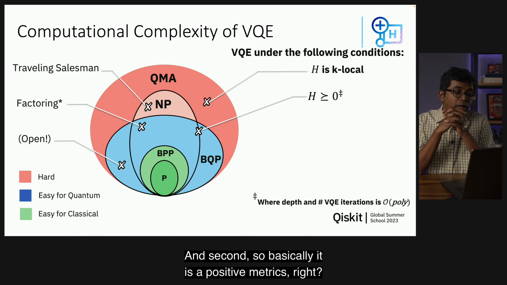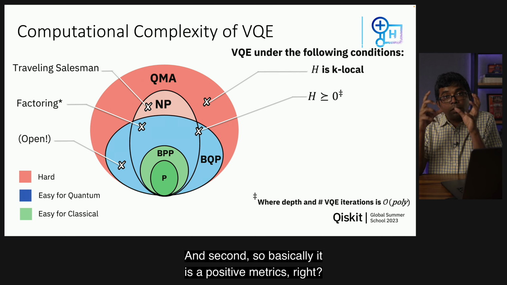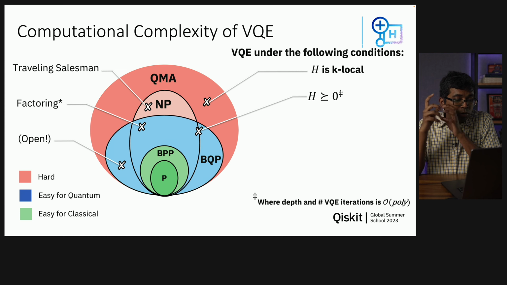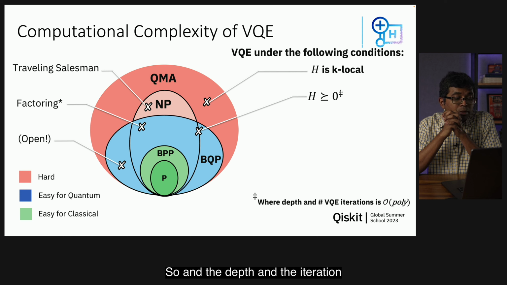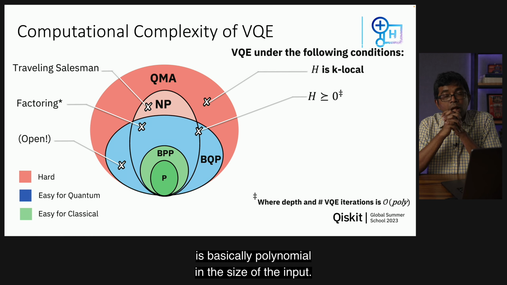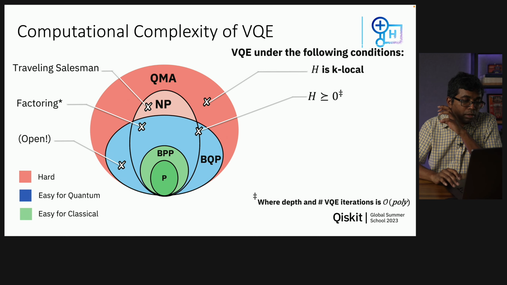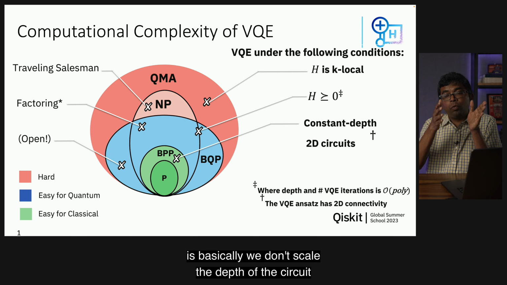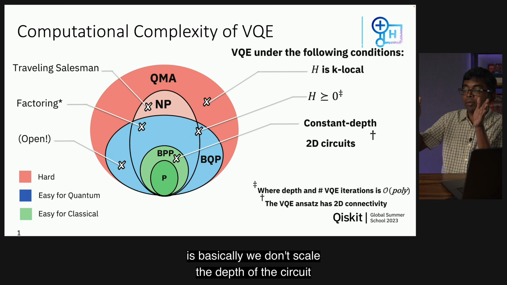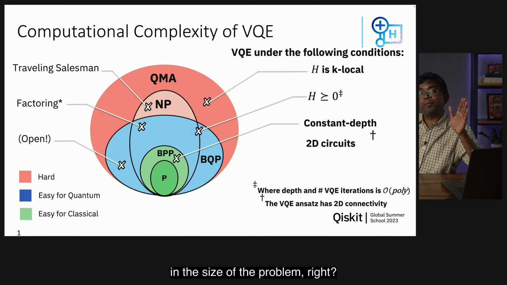And second, basically it's a positive matrix, right? And the depth and the iteration is basically polynomial in the size of the input. And the way we define the answers is basically we don't scale the depth of the circuit with the size of the problem, right?